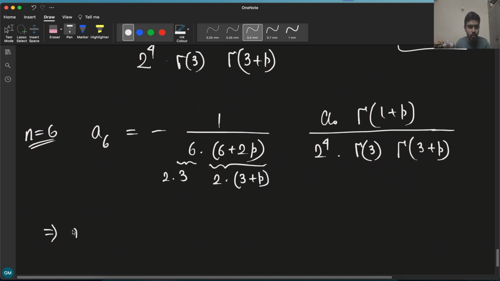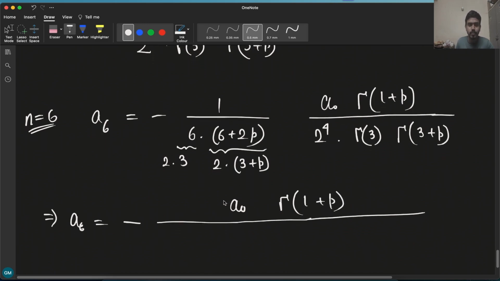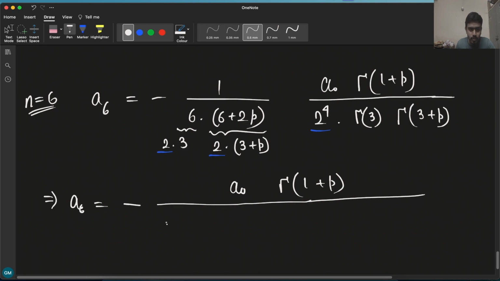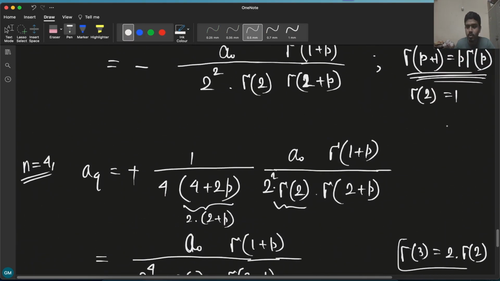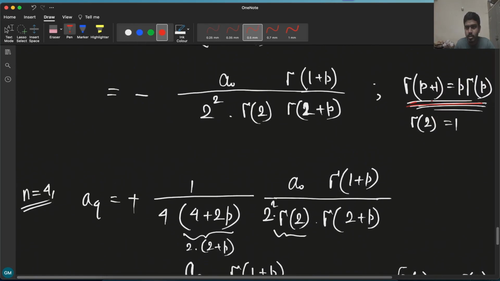In that case a6 will be equal to minus, in the numerator a0 times gamma of 1 plus p, divided by, so there is 1 2 2 and 2 to the power 4, so it will be 2 to the power 6 times 3 times gamma 3, which is gamma 4, following this relation.